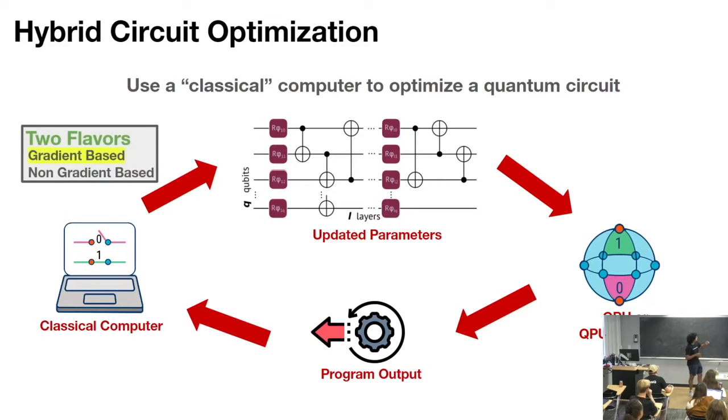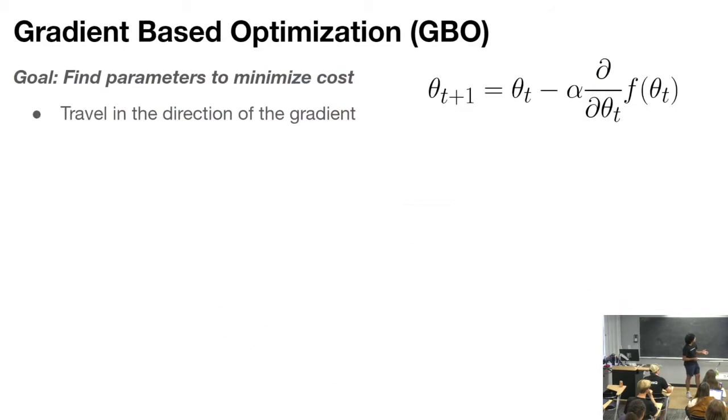In this process, there are two approaches: a gradient-based approach and a non-gradient-based approach. Today, and for this work, we'll be focusing on the gradient-based approach. Within gradient-based optimization, in general, from the context of machine learning, the idea is that you have some function, which I'm going to call a cost function, and you're trying to find the minima of this function.